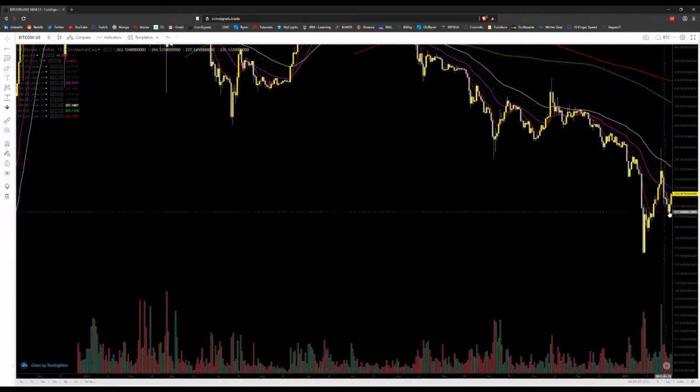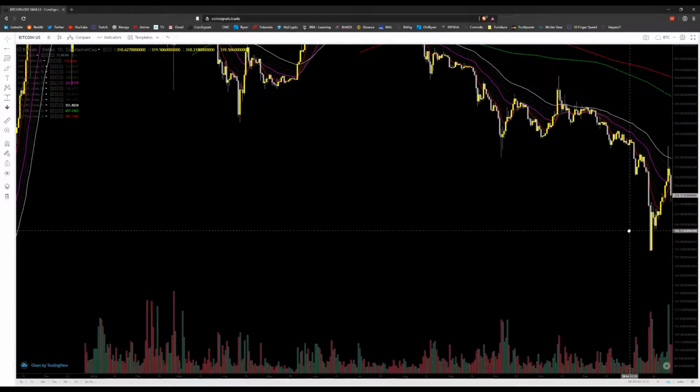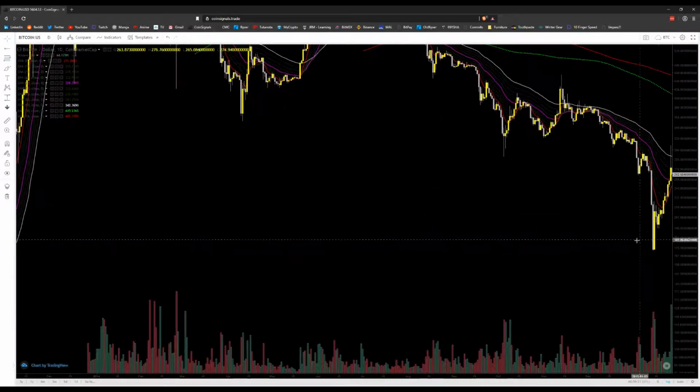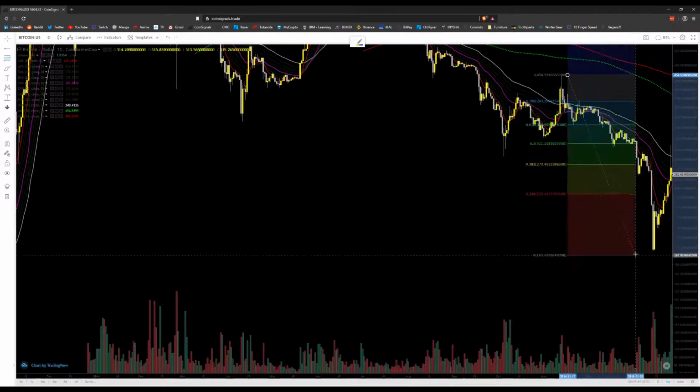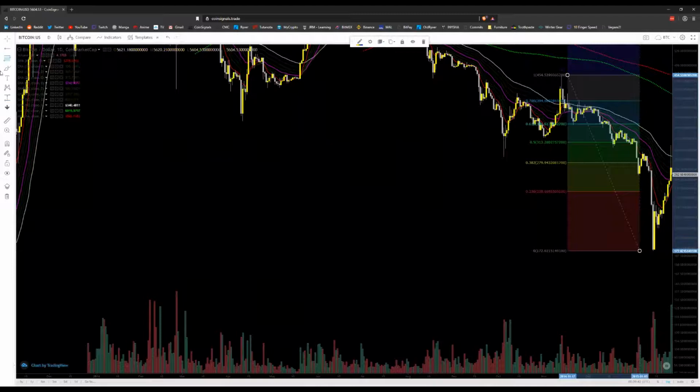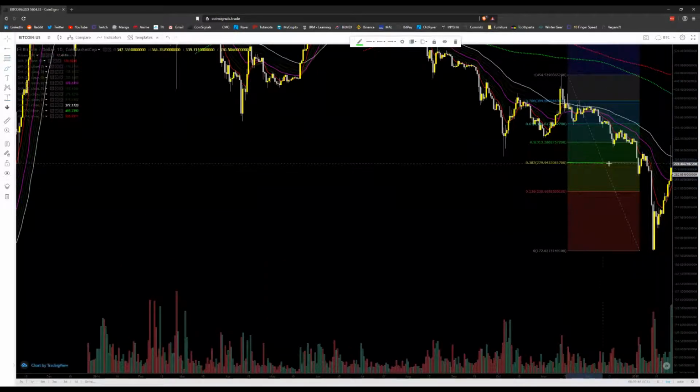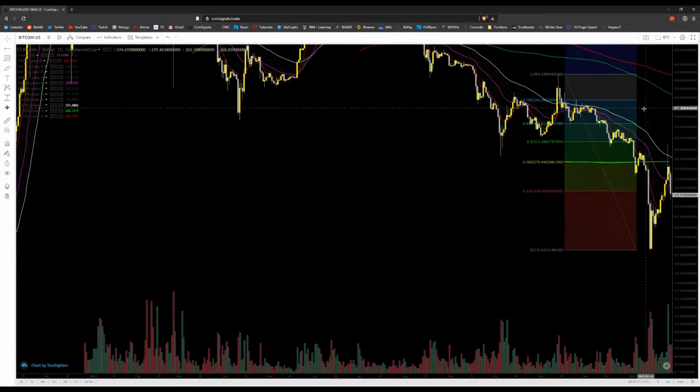So I'm looking for longs here, maybe because I think this might be the bottom, but I'm also looking to sell anything I've bought, if you did buy down there, into resistance, right? Top of the move here, drag all the way down to the bottom of the move. And look at that. Once again, price gets rejected right at the 38.2% fib retracement level and then dumps.